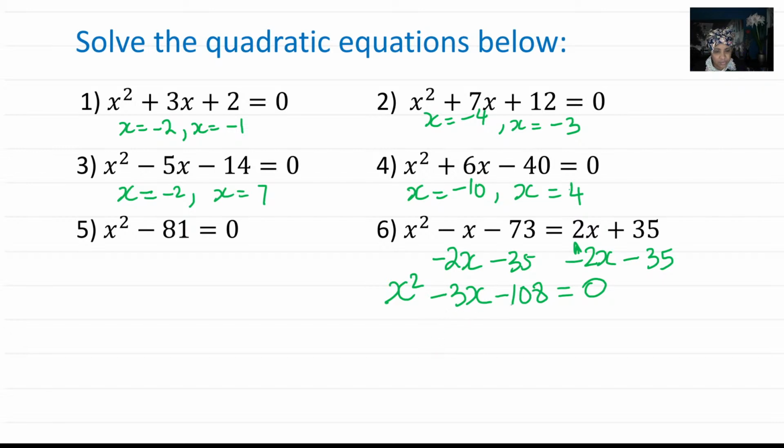So we're going to find two numbers. I'm going to do it on this side. 108. Oops, 108, guys. Which numbers make 108, but the difference is 3? Anyone?